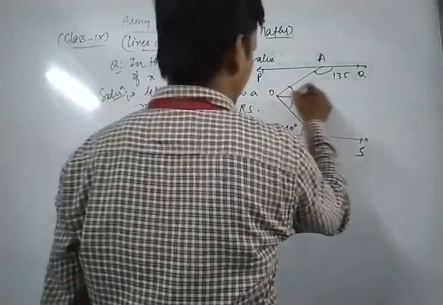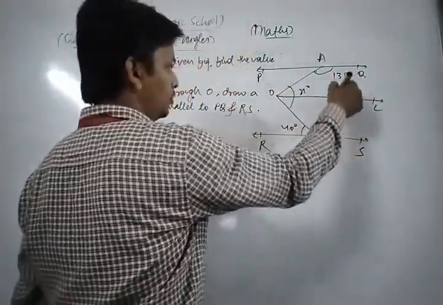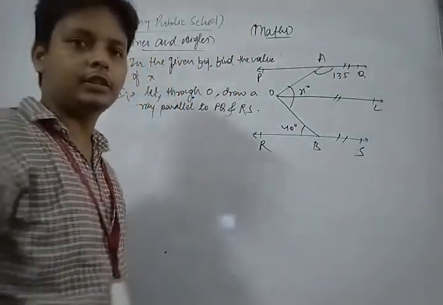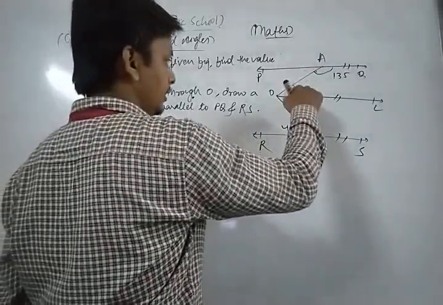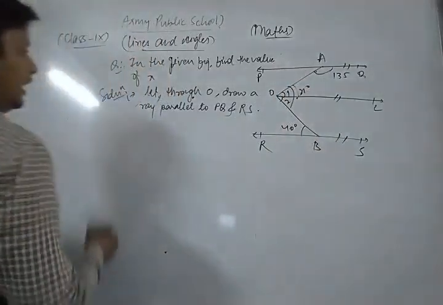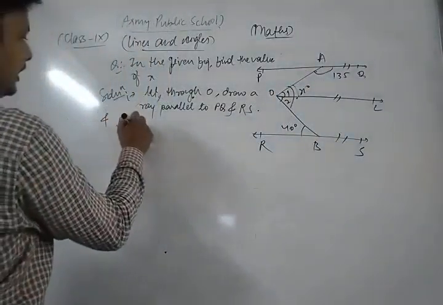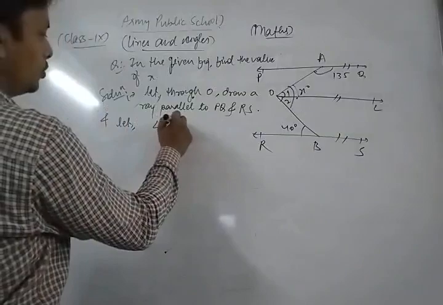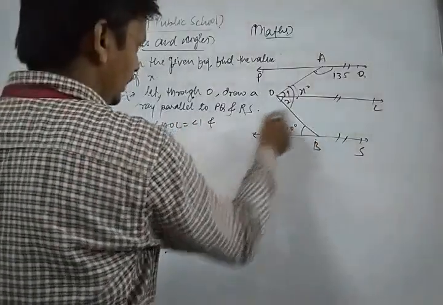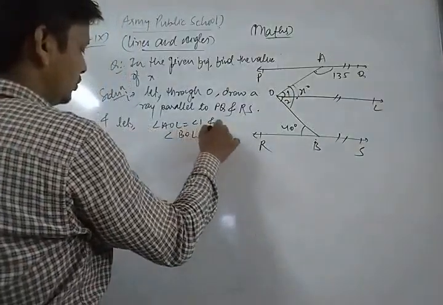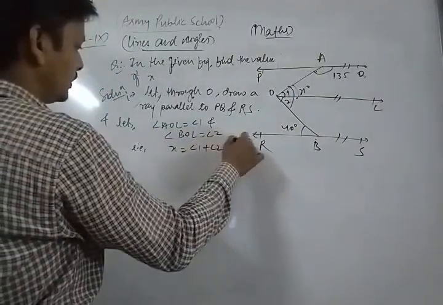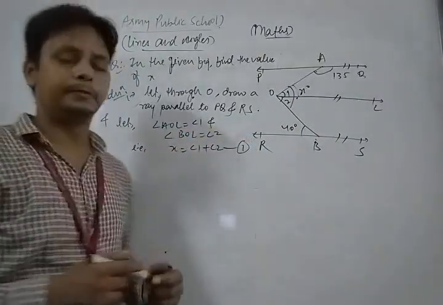Look at the OL, which is parallel to PQ as well as RS. We take this as angle 1 and this as angle 2, and let angle AOL is equal to angle 1 and angle BOL is equal to angle 2. That is, it is clear that x is equal to angle 1 plus angle 2. We take this as equation number 1.